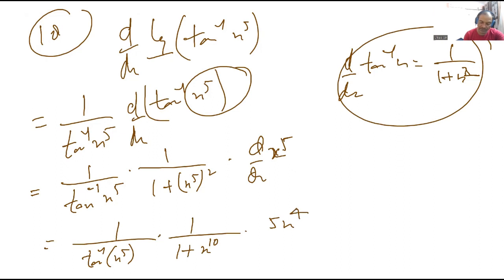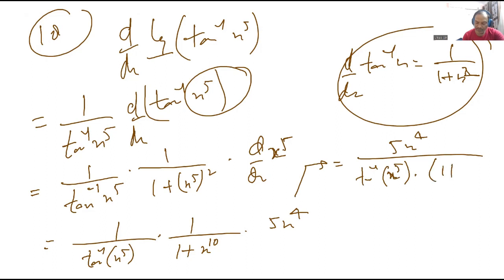This is the required answer. You can put it in one place. You can say 5x raised to power 4 whole over tan inverse x raised to power 5 times 1 plus x raised to power 10. So this is the required answer of d by dx of log tan inverse x raised to power 5.